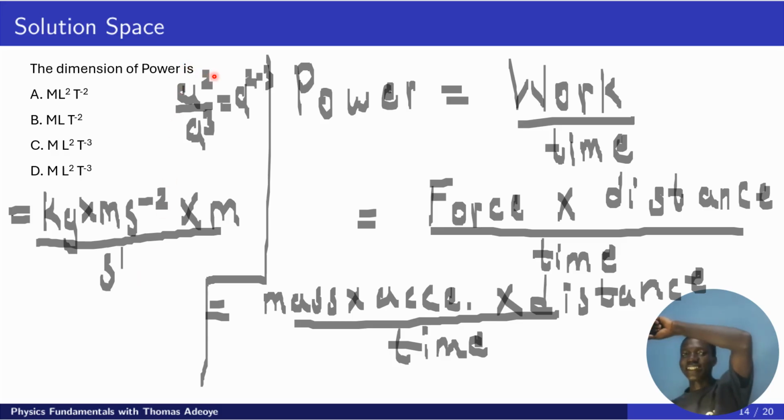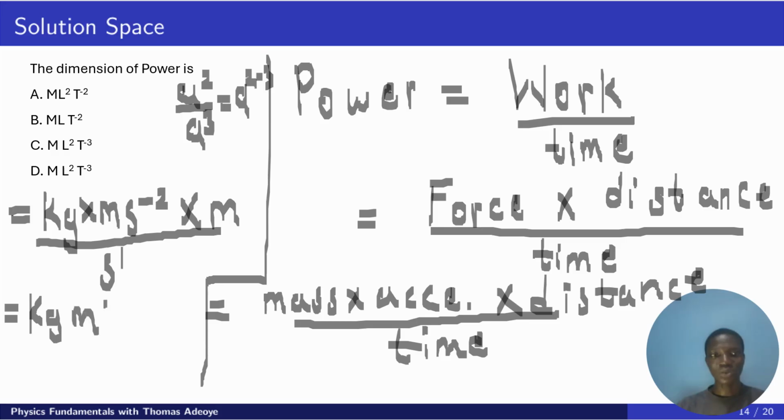For this it is a raised to power 2 minus 3. So this simplifies to kg m raised to power 2, because we have meter times meter, and s raised to power minus 2 minus 1 gives s raised to power minus 3.